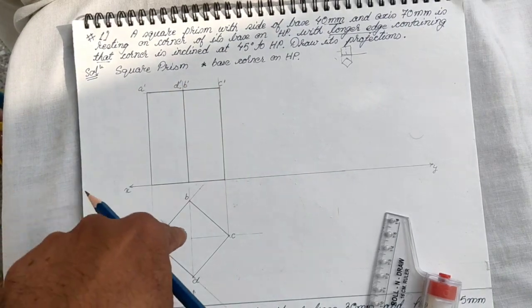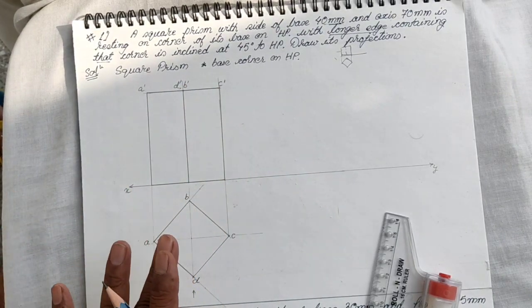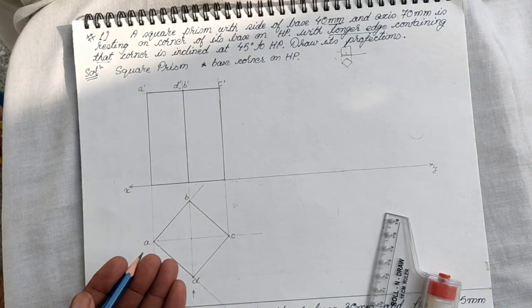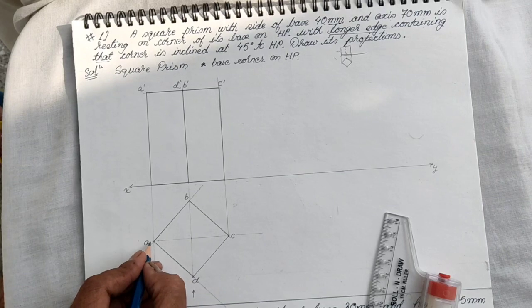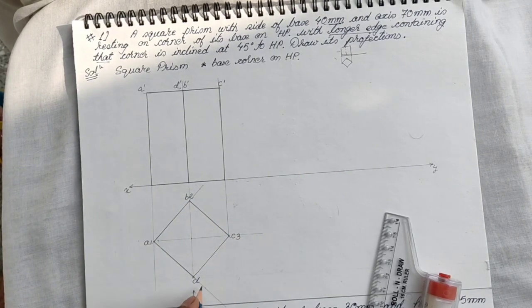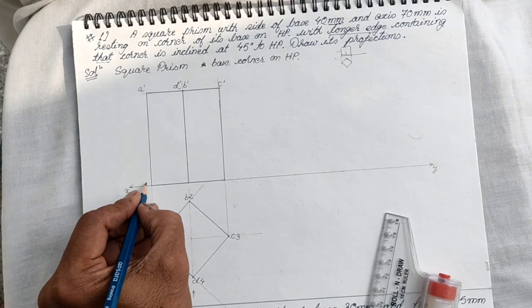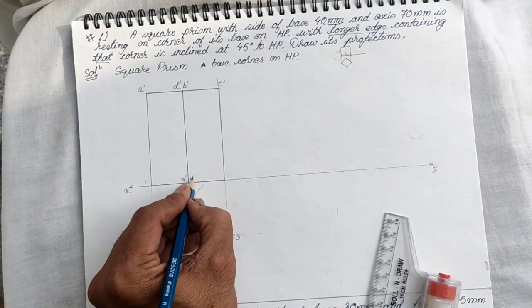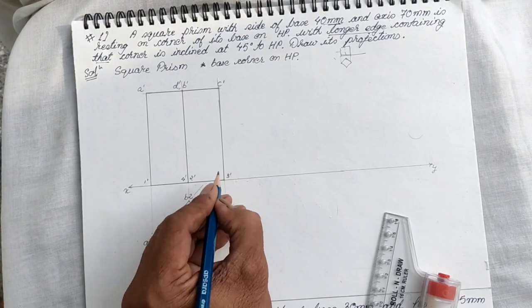When you are looking from the top, we will be able to see the top base first, and the bottom base is hidden. So I'll give the names correspondingly 1, 2, 3 and 4. So numbers for the lower base and alphabets for the top base. So I get this as 1 dash, this as 4 dash, 2 dash, and this as 3 dash.